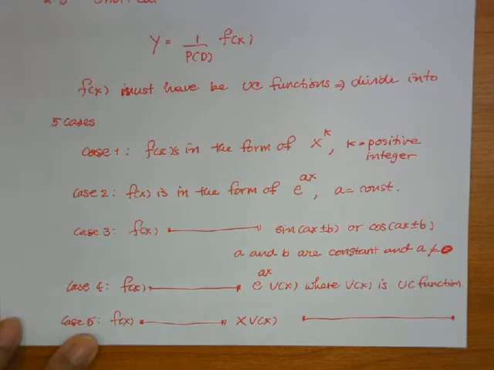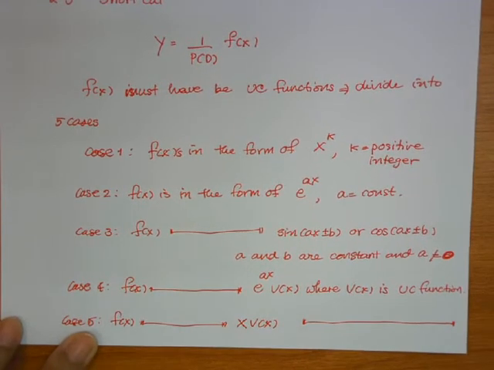Can your v(x) be tan x, tangent of x? No, because tangent is not a UC function. Can it be natural log of x? No, because natural log of x is not a UC function.